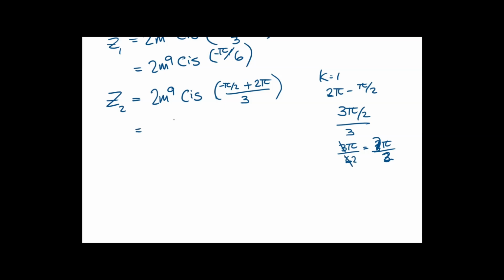Well, eventually we got there. 2 to the 1/9 CIS 5 pi over 6. That's our second one.